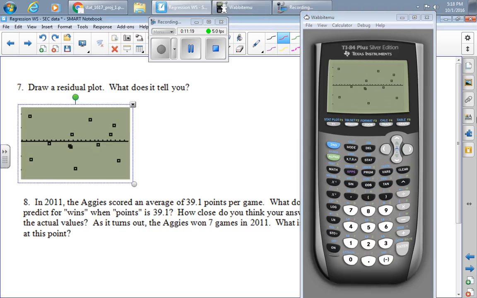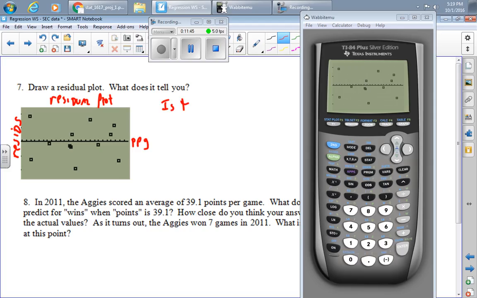Now what I'm looking for here is a pattern, and I'd still like you to label this residual plot so I know what it is. This x list was points per game, and this y list was resids. A scale is a good idea as well. I can press window and check that out. But what I'm really looking for is a pattern.